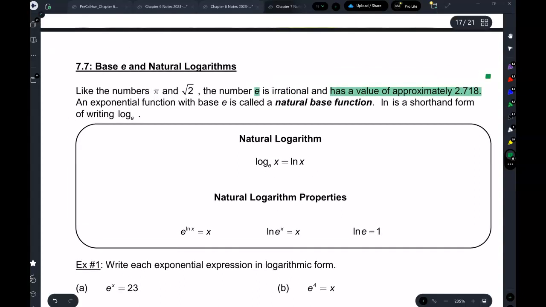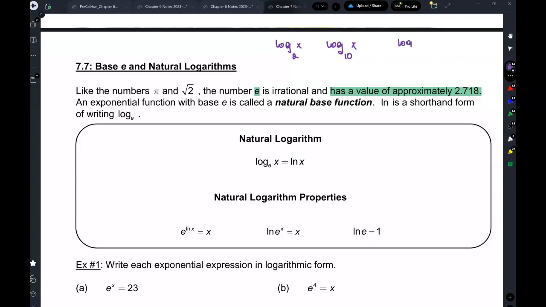So we said yesterday, a logarithm can have any number as its base, right? So you can have, for example, log base 2 of x. You can have log base 10 of x, okay? And then sometimes you have log of x, and the base is this special number e, 2.718.